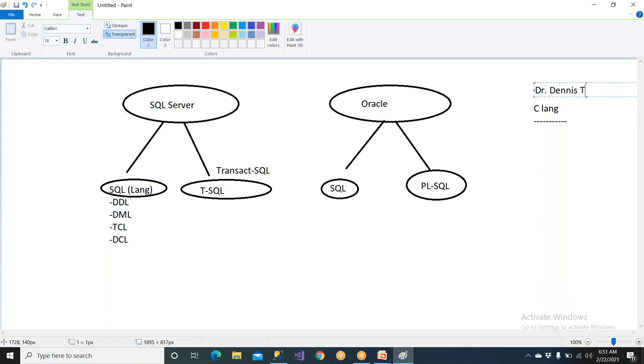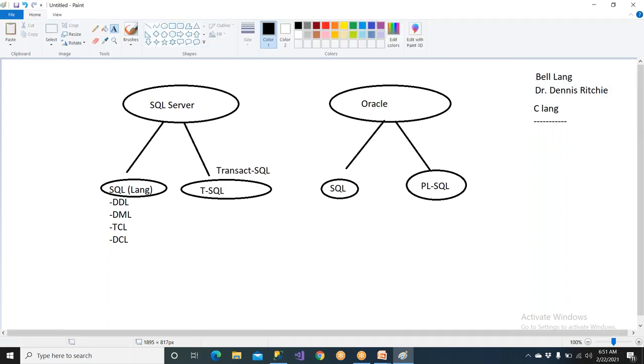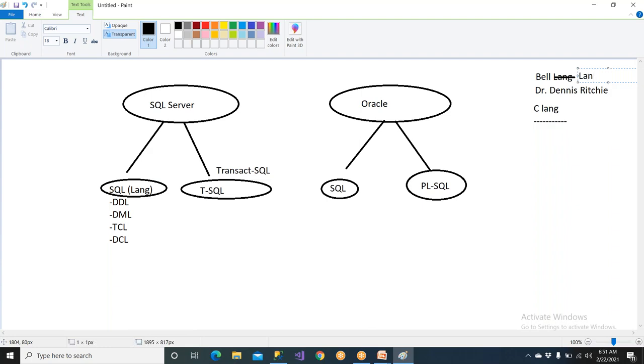Dennis Ritchie is the founder of this. Dennis Ritchie was working for Bell Laboratories in America. He was the guy inventing this language at that time. Bell Labs, he was working. He invented C language. It has a lot of features.